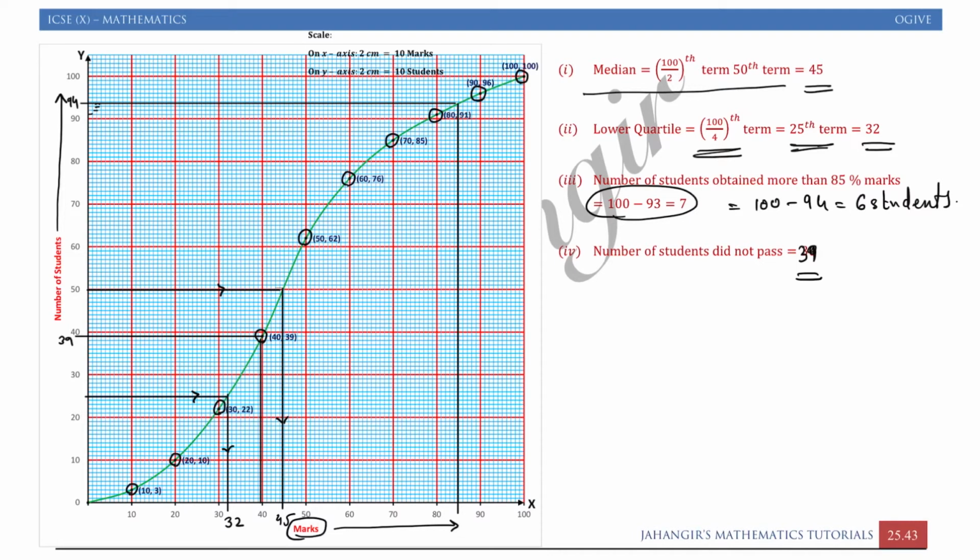Sorry for this, we have a question as number of students who did not pass if the pass percentage was 35. So I need to mark 35 there. So we will just erase this and I need to mark 35.